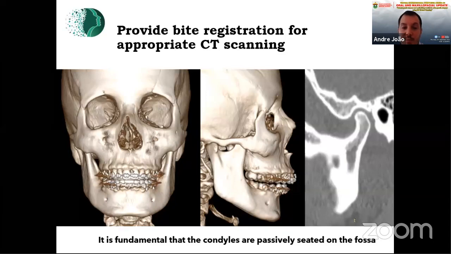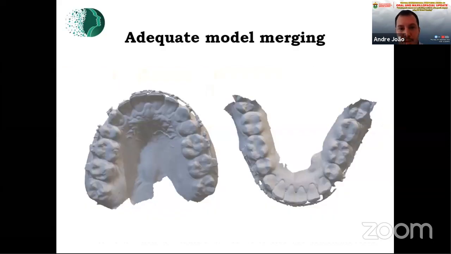It is a reliable way. Okay, then you get your CT scans and your surface scans, and you need to merge them, because the surface scan has more precise details of the tooth surface, and you need to measure these models.